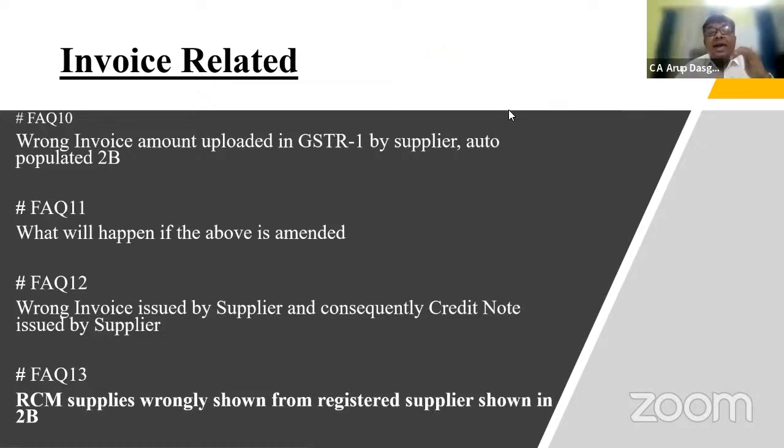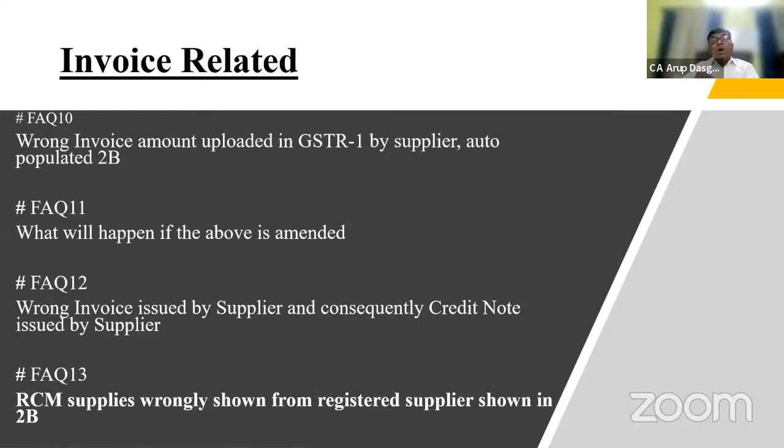So in this case, what is the reason? The GTA was actually supplying an exempted category of goods, but he did not bother to show it under exempted category. He rather showed it as B2B supplies and ticked the tax payable under RCM basis.